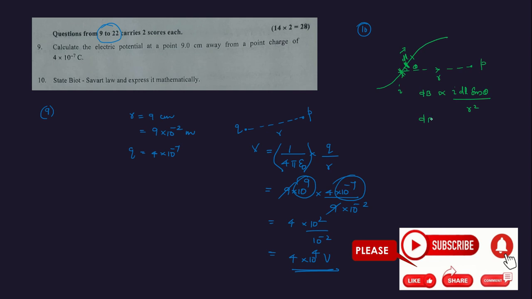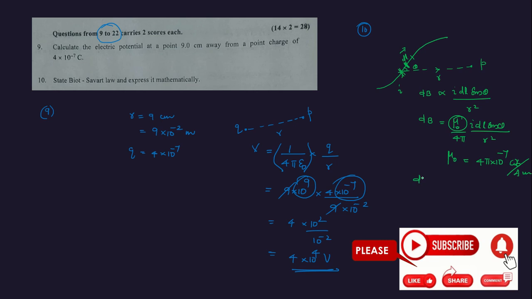Now we can remove the proportionality. That is, dB equals mu 0 division by 4 pi into I dl sine theta division by r square. Here mu 0 is the permeability of free space, and it takes the value mu 0 equal to 4 pi into 10 to the power of minus 7 Weber per ampere meter.